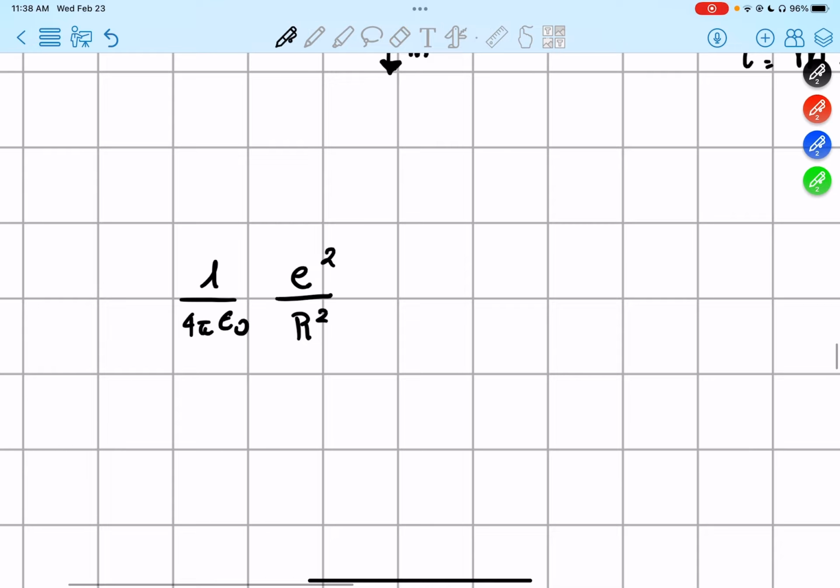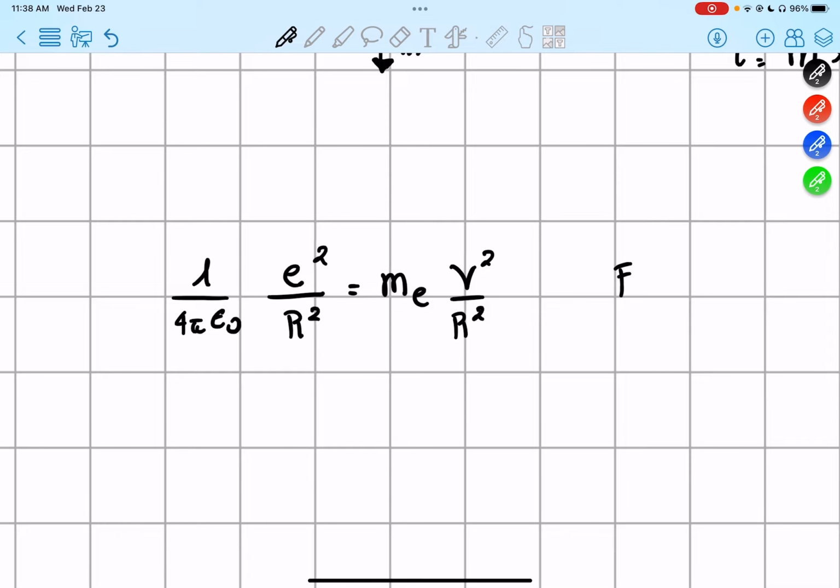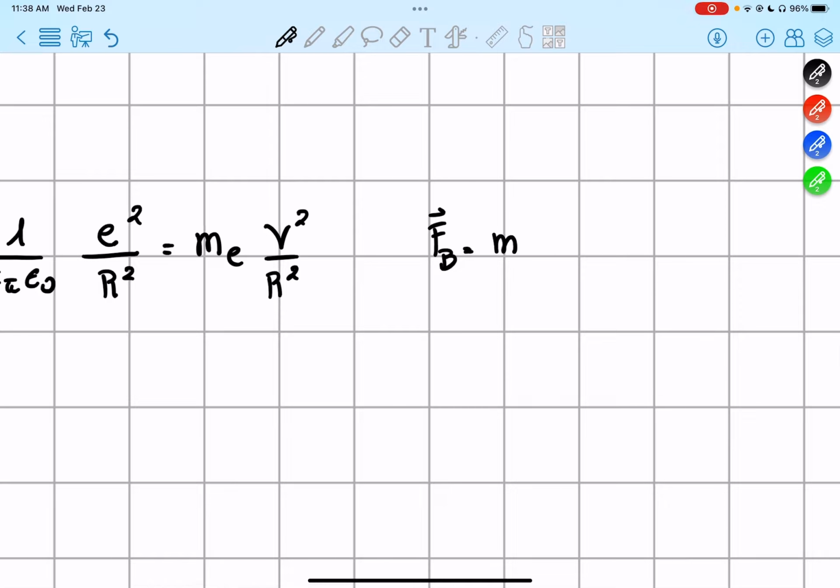And this is equal to the centripetal force, which is equal to the mass of the electron times the velocity squared over the radius squared. Now, when we add the magnetic force, Fb, we know that it is equal to the charge of the electron, which will actually be a negative charge, times V cross B.